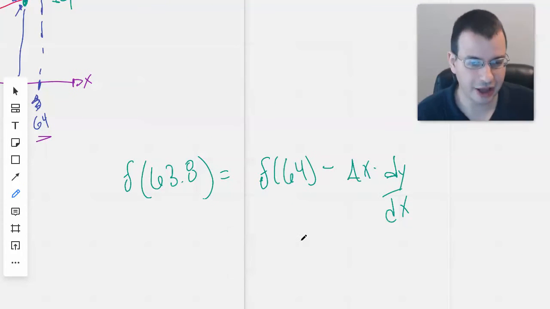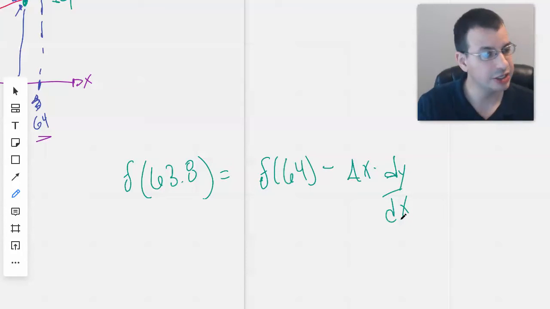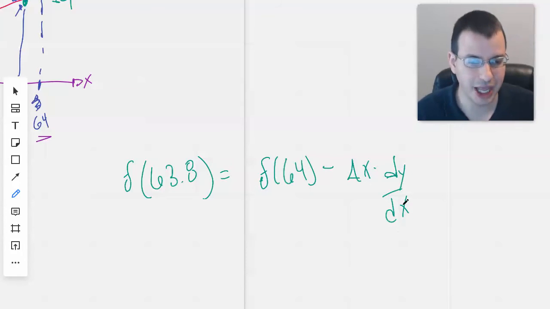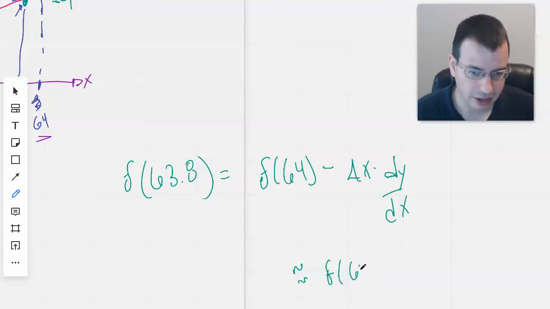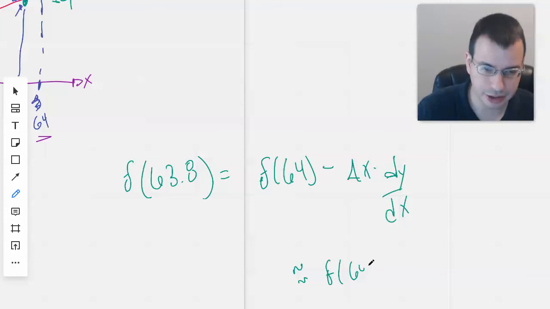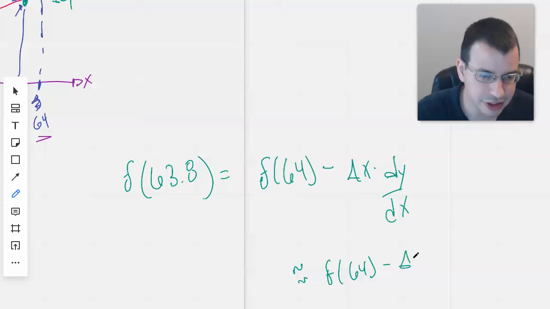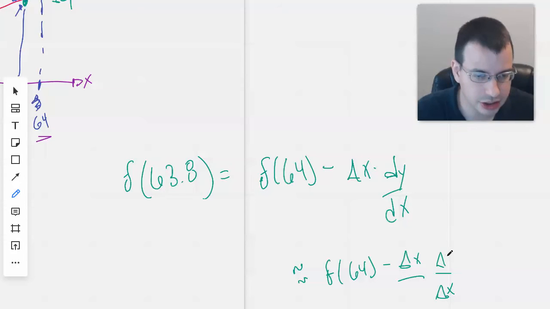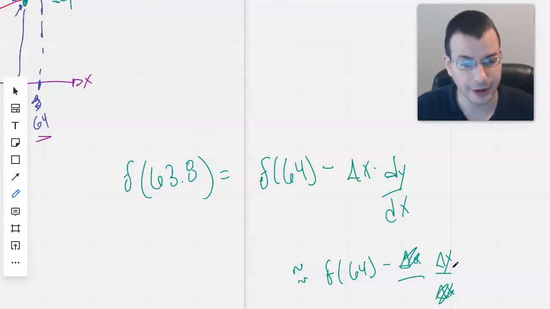The dx in the bottom is like a delta x, so when you cancel, you're left with that delta y.